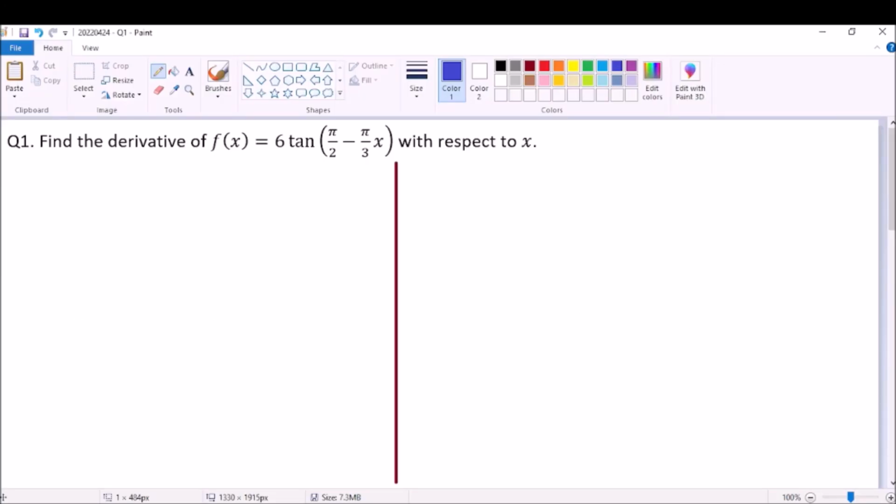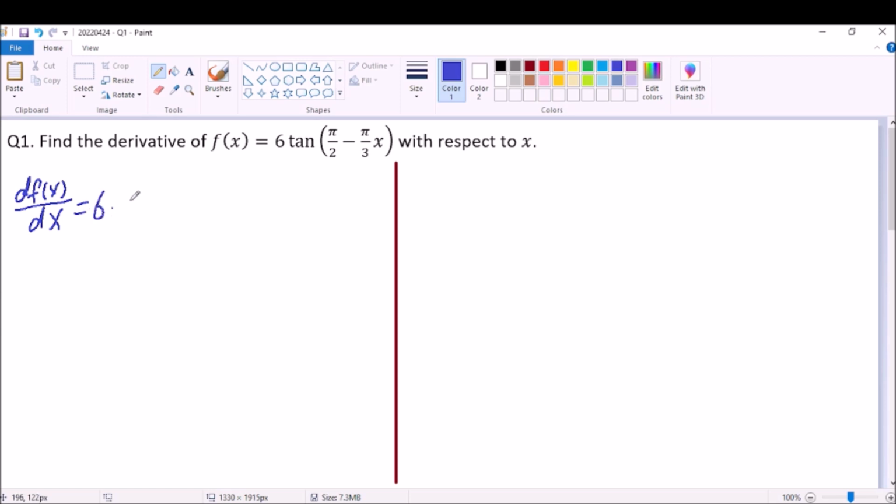Question 1. Find the derivative of f(x). Okay, I will demonstrate using two approaches. First, using direct differentiation. df(x)/dx equals 6.